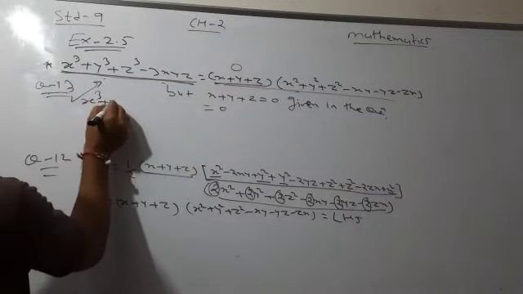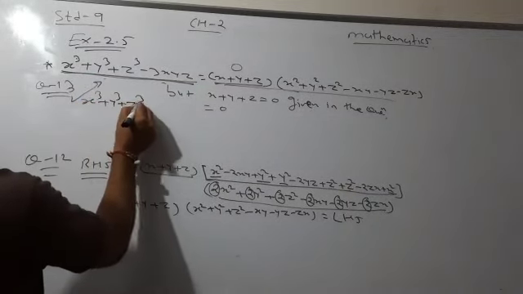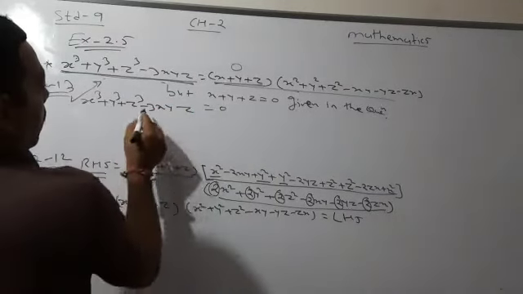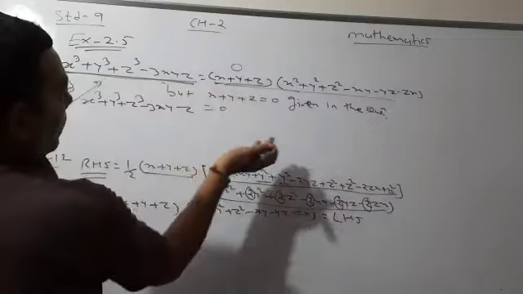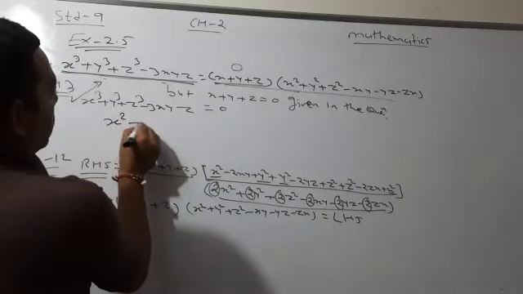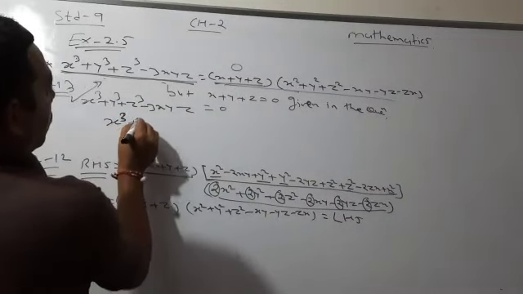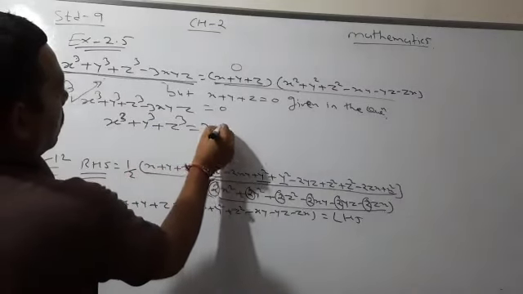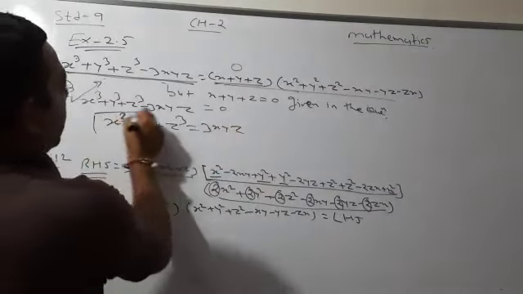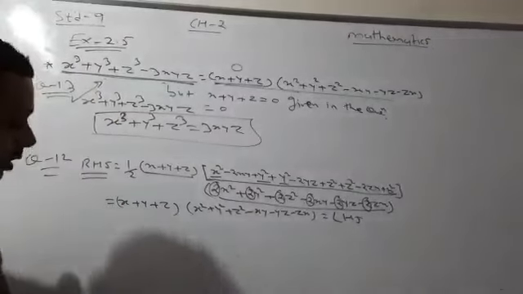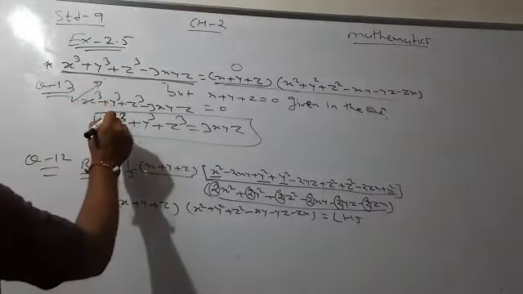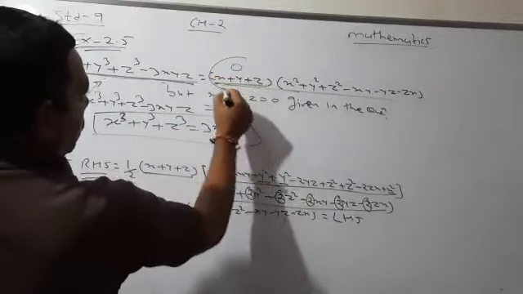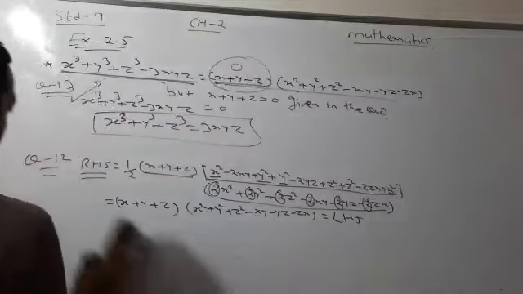X cube plus y cube plus z cube minus 3xyz is 0. Now obviously this negative term is shifted to the right hand side. So we will get finally the result x cube plus y cube plus z cube is equal to 3xyz. Hence it is proved. We can say x cube plus y cube plus z cube is equal to 3xyz under the condition when x plus y plus z is 0.